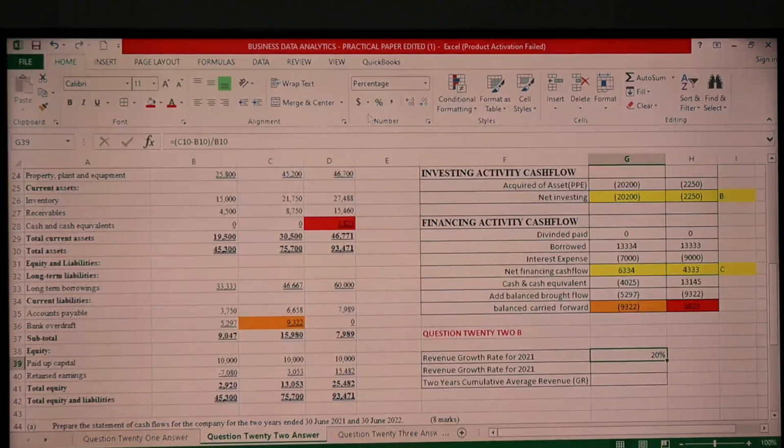So you do the same for 2022. How much will you get? How many percent? Just compute that. You get which percentage?